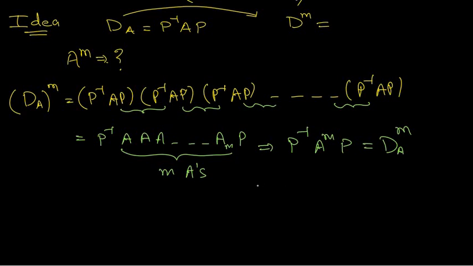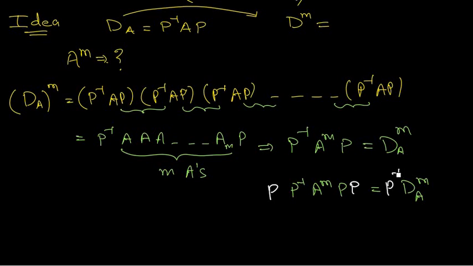So your original relation was P inverse A raised to power m P is equal to dA raised to power m. Now you can multiply by P from the left side and P inverse from the right side. Let me make it correct.